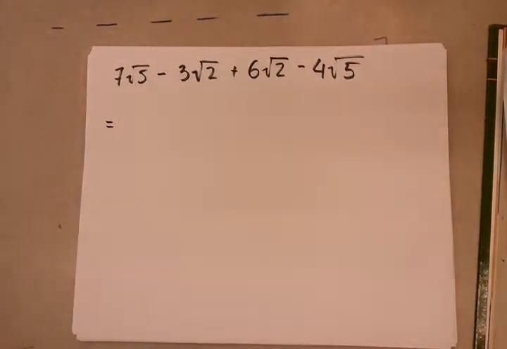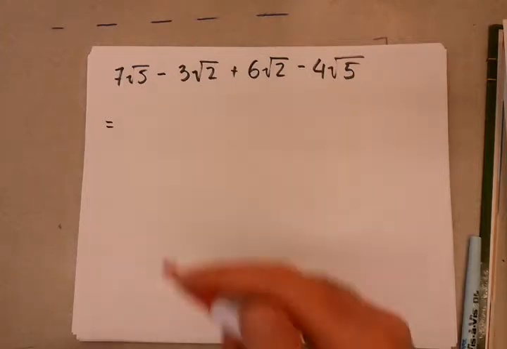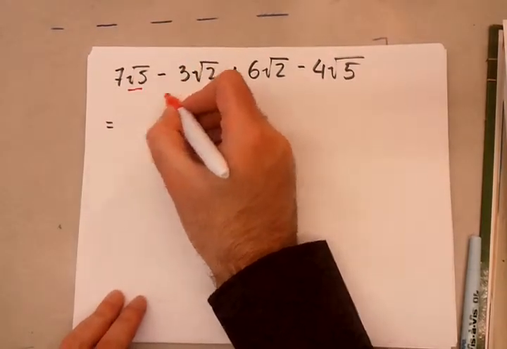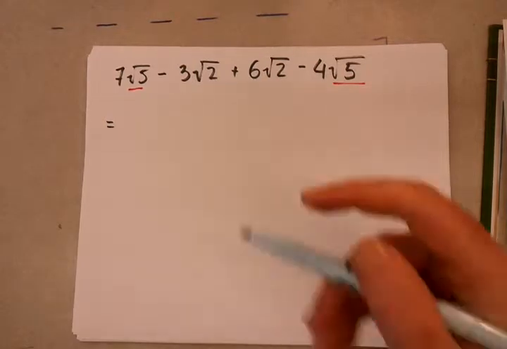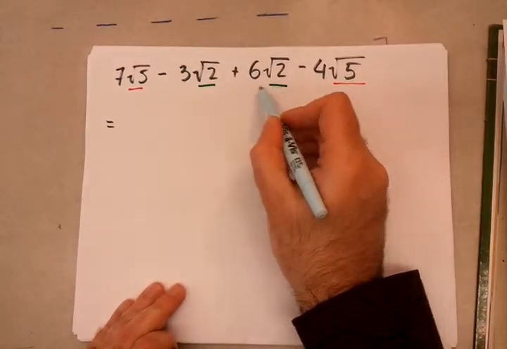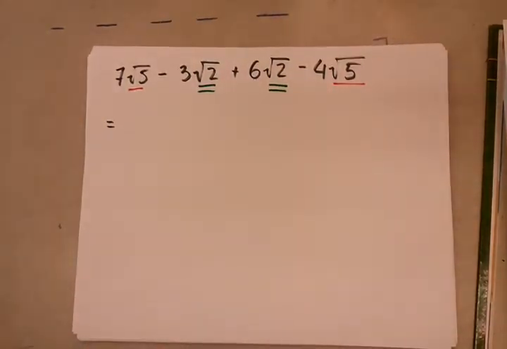So your first step would be to go ahead and look and find anything that has the same square root, kind of like if you were looking for anything with the same variable. So here I have root 5, root 5. Here I have root 2, root 2. And anything with the same square root you can combine kind of like you can combine like terms.